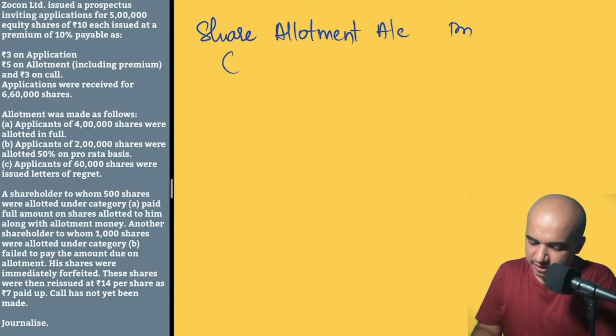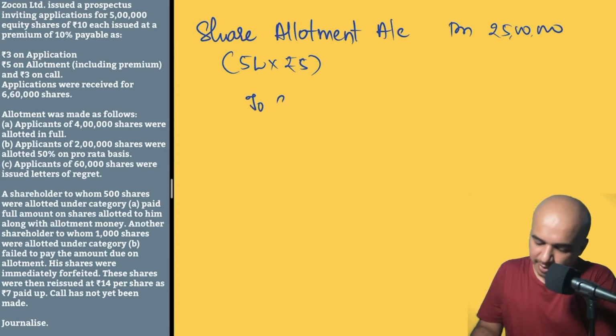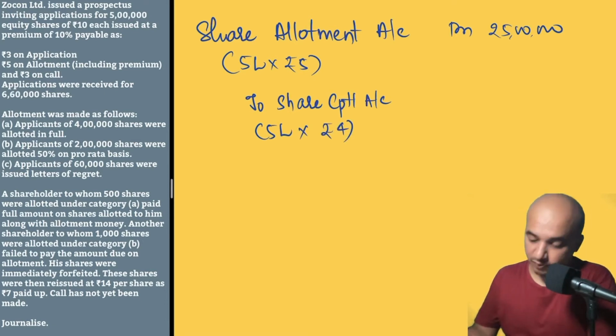Total number of shares will be 5 lakhs into total amount allotment money is rupees 5. So 25 lakhs. Credit will be given to share capital first of all, to share capital. This will be 5 lakhs into rupees 4, excluding the premium of course.